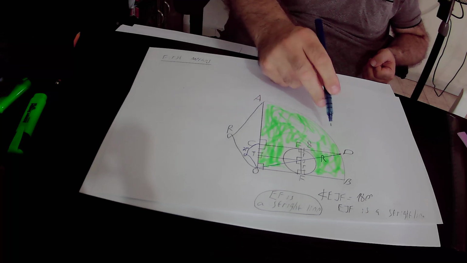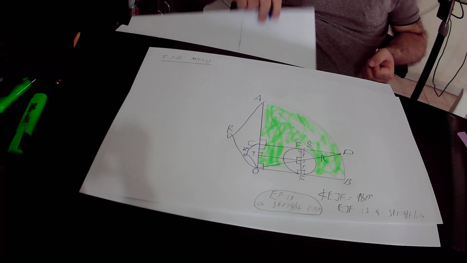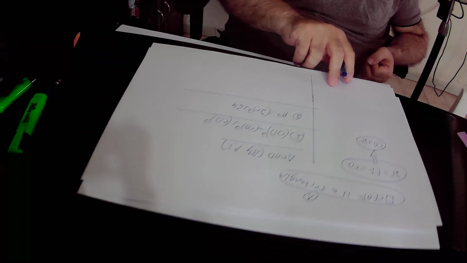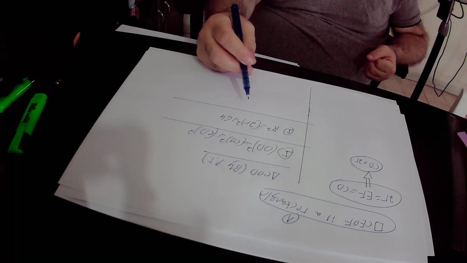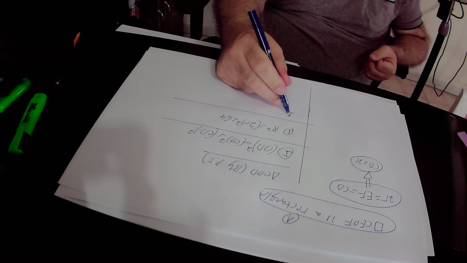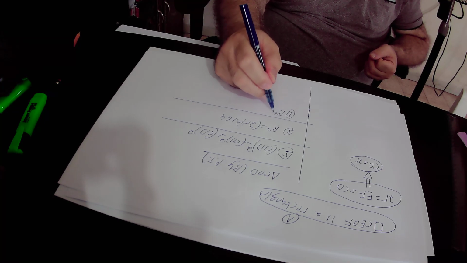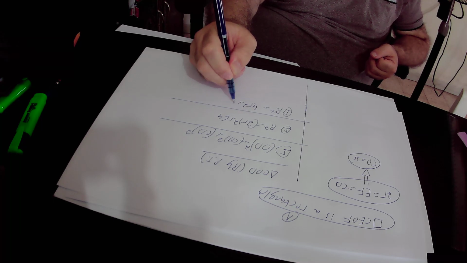CD equals 8, therefore CD square is 8 squared, that is 64. So in conclusion, R square equals (2r) square plus 64, so R square equals 4r square plus 64.